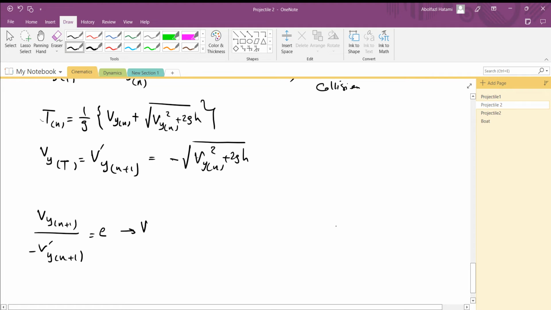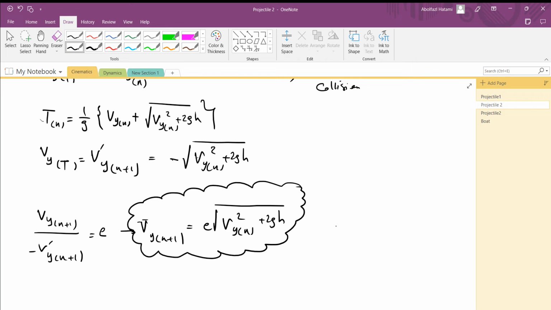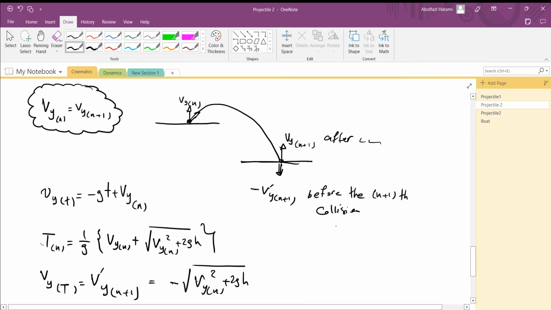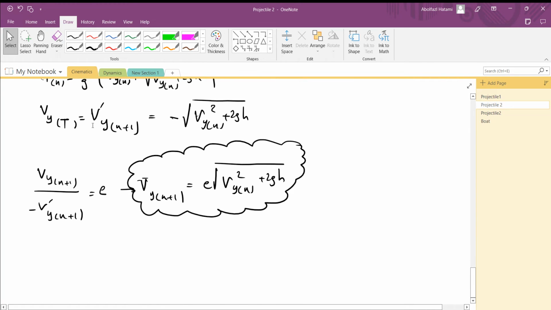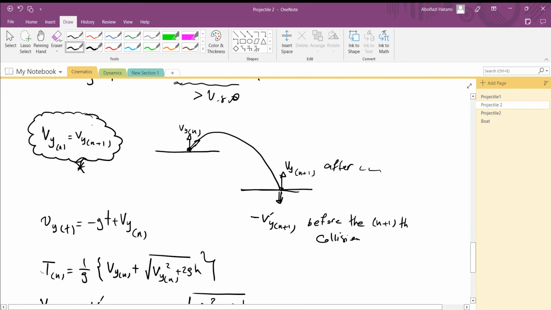So vy of n+1 is going to be just e radical vyn to the power 2 plus 2gh. So here we found the equation for vy's, and we said that vyn should be equal to vyn plus 1. Let me call this the star equation.